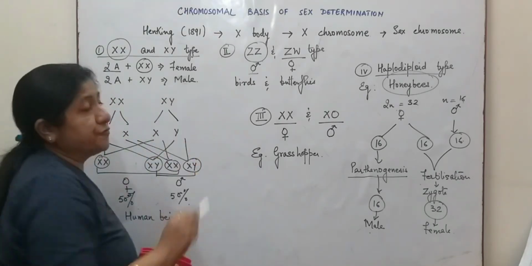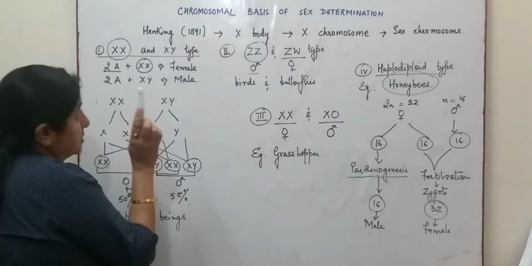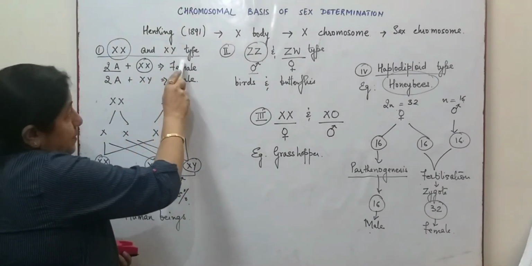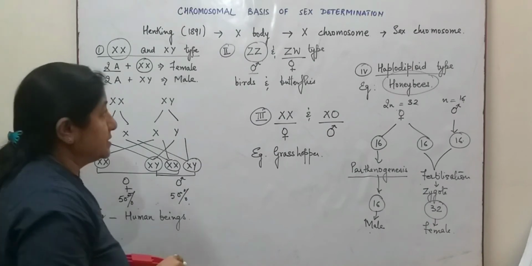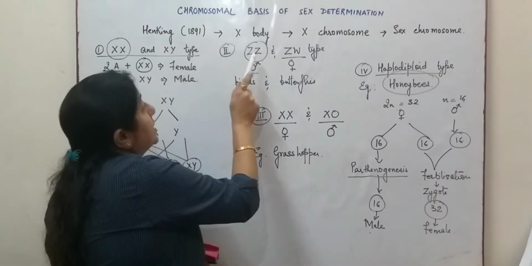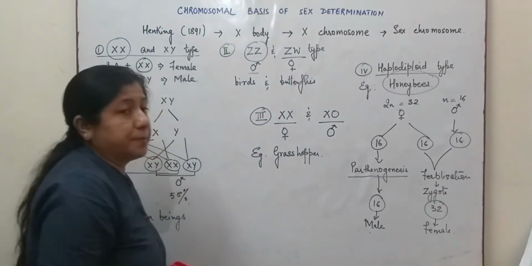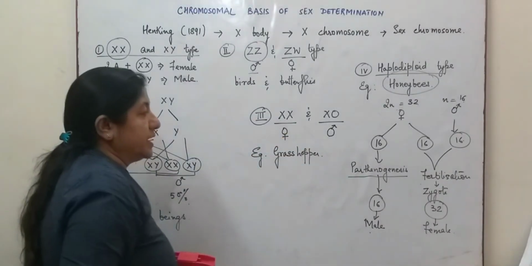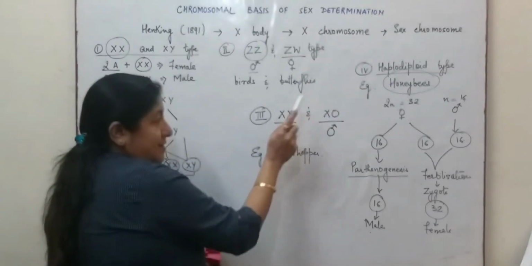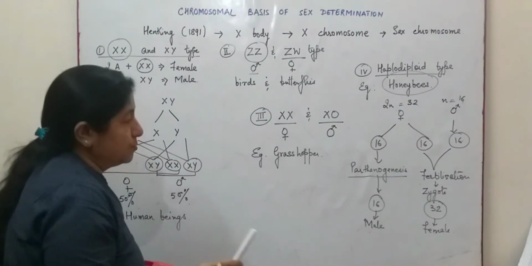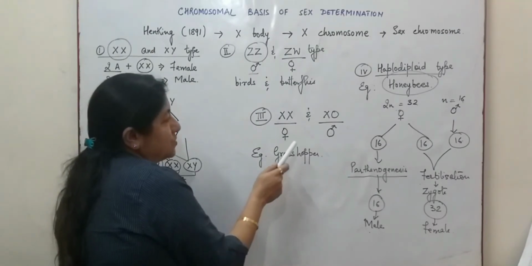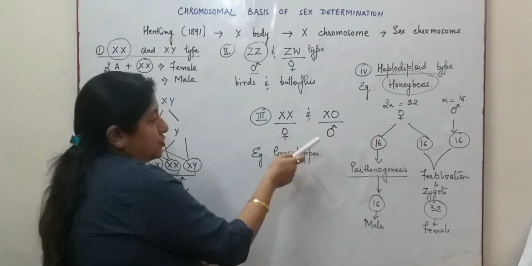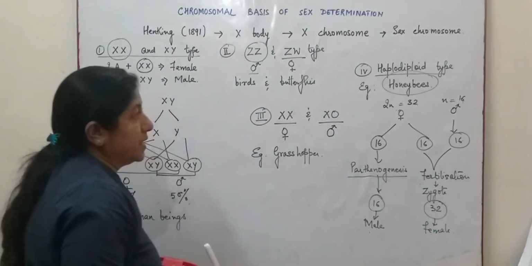So there are four different types of sex determination which we have studied. The XX and XY type, with examples of human beings and Drosophila. The ZZ and ZW type, seen in birds and butterflies. Then we have the XX and XO type, where only one X chromosome is transferred, and the individual not showing homogamy will be a male.